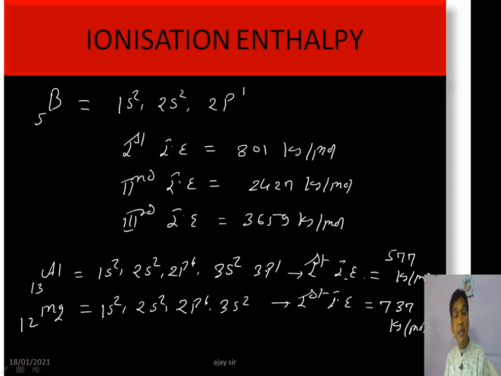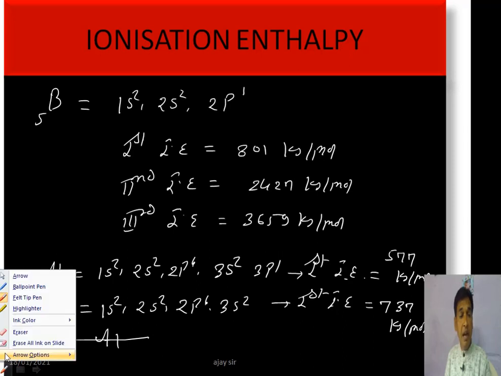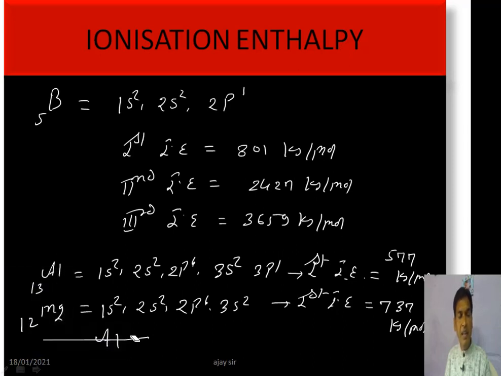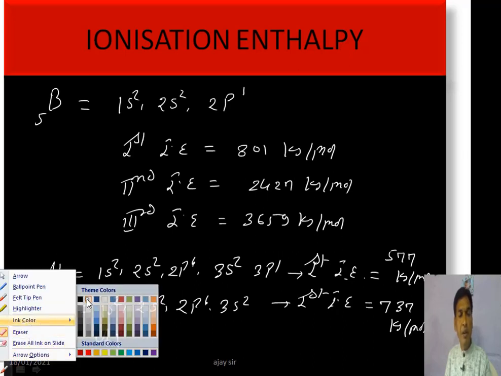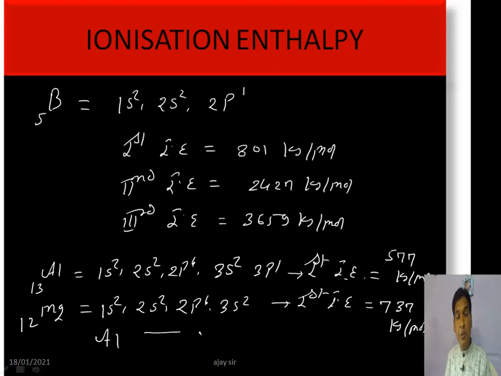When one electron is ejected from aluminium, aluminium changes into aluminium monovalent ions. When aluminium changes into aluminium monovalent ions, the electronic configuration of the outer shell is 3s2.